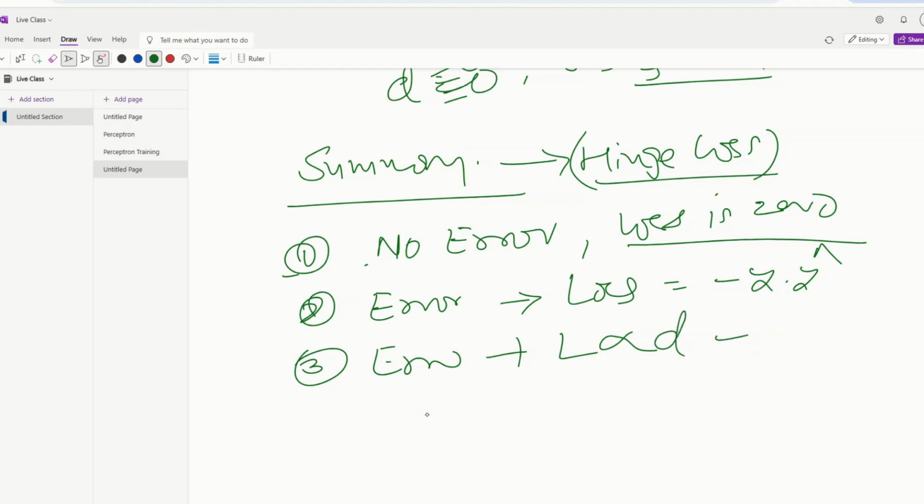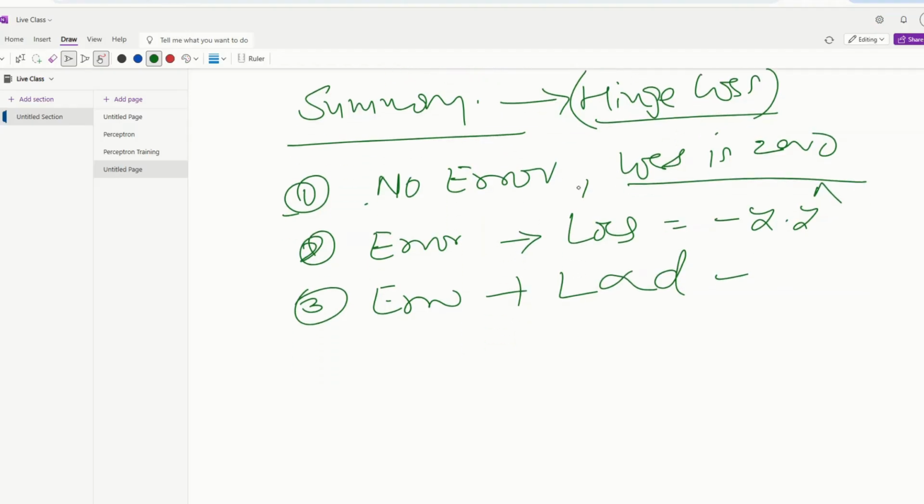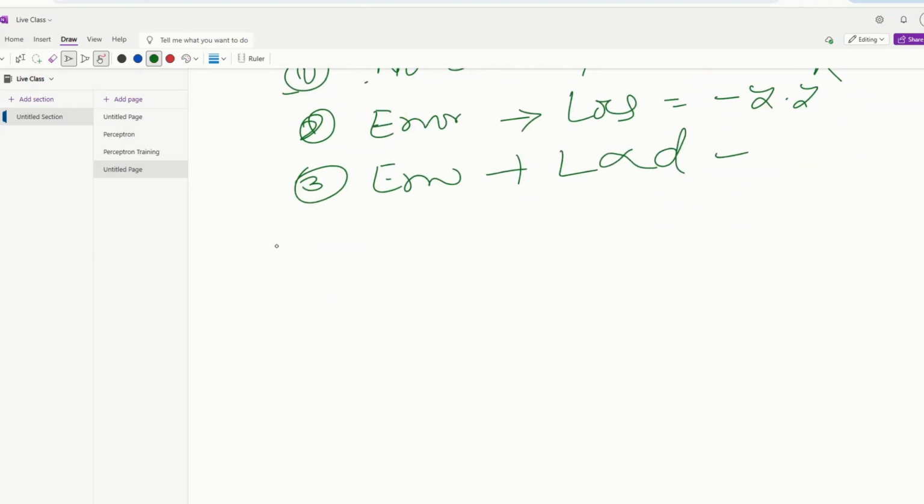It means that, according to the loss, the points which are misclassified, let me draw this.